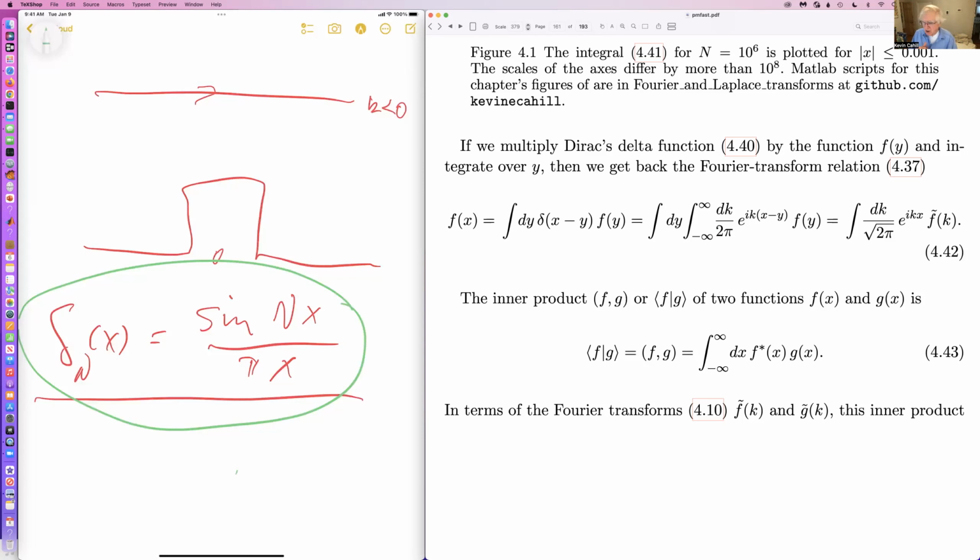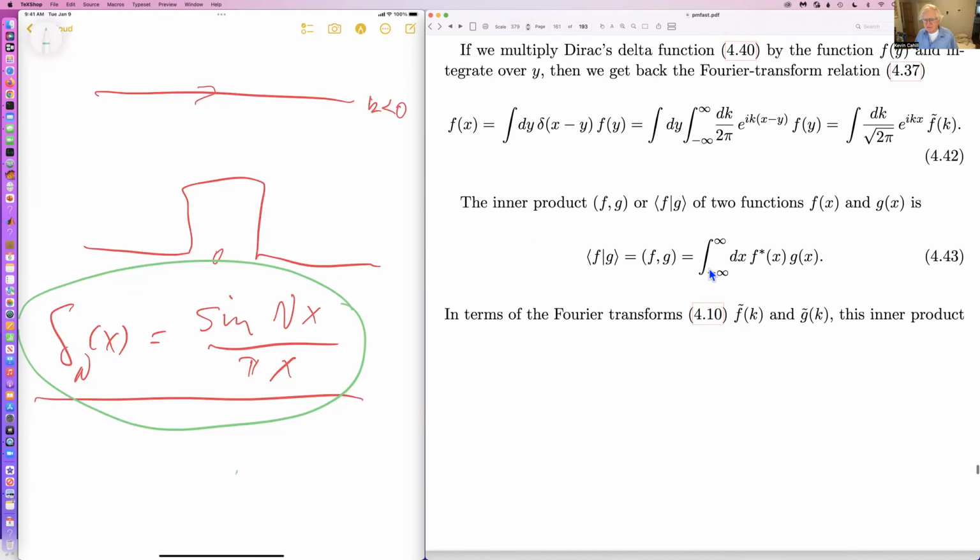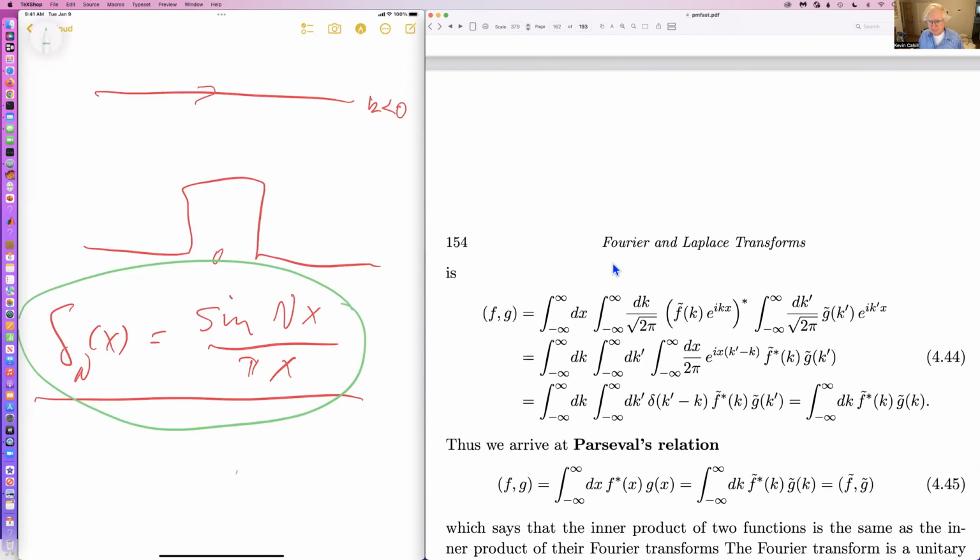Mathematicians define the inner product of two functions as this: f star of x, g of x integrated dx. The mathematicians write it this way. One can write it in Dirac notation that way. However you write it, it looks like this.